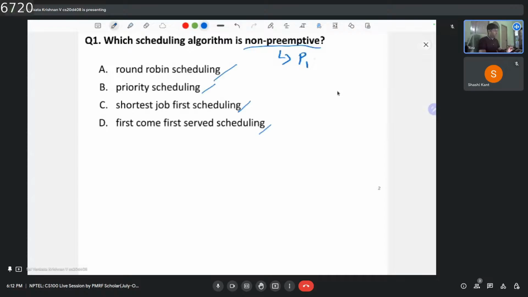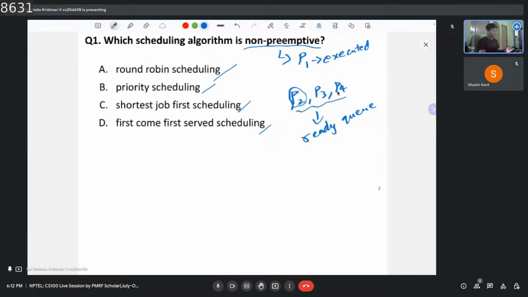say one process P1 is being executed on the CPU, and some other processes like P2, P3, P4, these three processes are in the ready queue, right? And in this case, if P2, say, has a higher priority, or it has a short CPU burst when compared to P1, and it has to execute immediately.